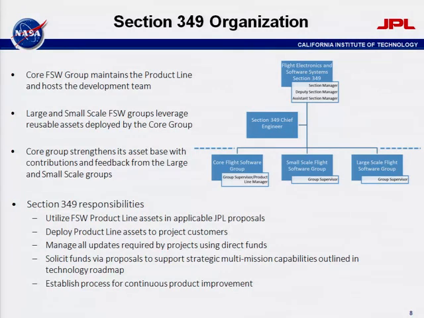And they're going to leverage the assets built by the core flight software group to actually create deployments of flight software to particular missions. So the core, again, this is really a feedback mechanism. As the large-scale and small-scale flight software groups utilize the product line and use the assets to create their flight software systems, the core group then strengthens its asset base and strengthens the product line with contributions and feedback from these groups.